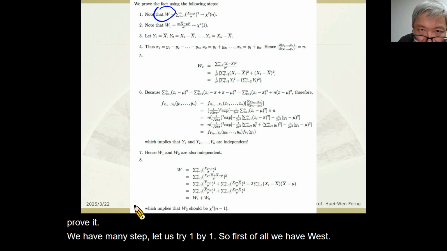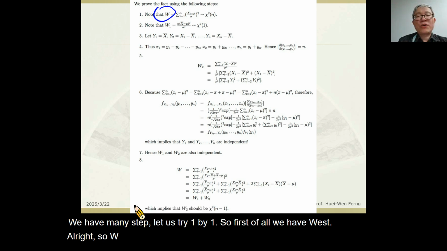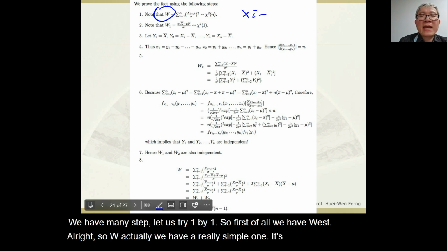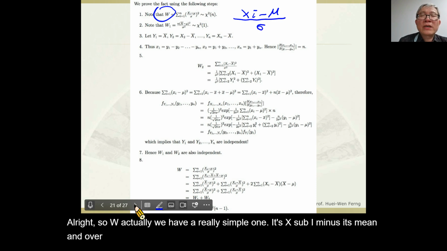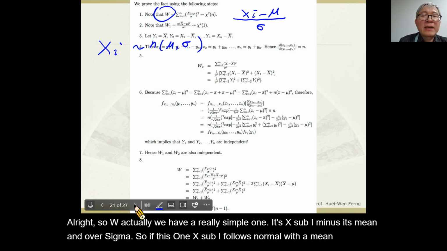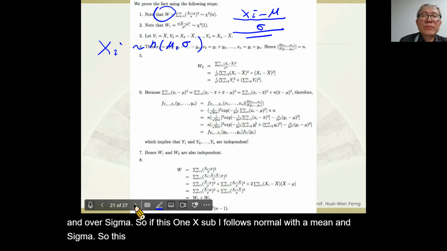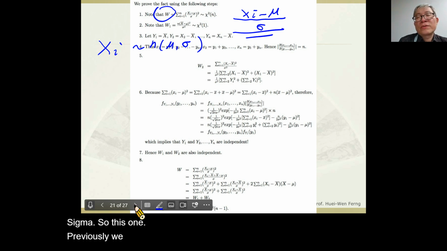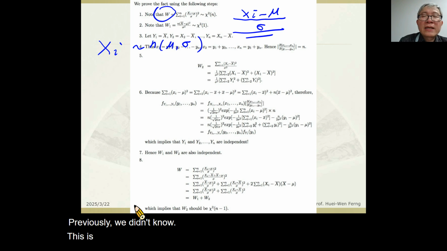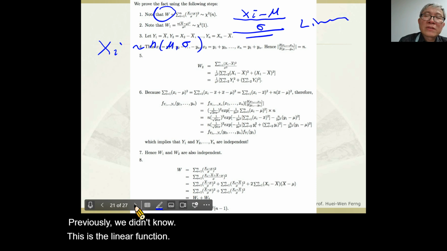Alright, so W, we have a really simple one. It's x sub i minus its mean, over sigma. If x sub i follows normal with mean mu and sigma, this is a linear function. And finally, what is the distribution? It's normal again. But what is the mean?